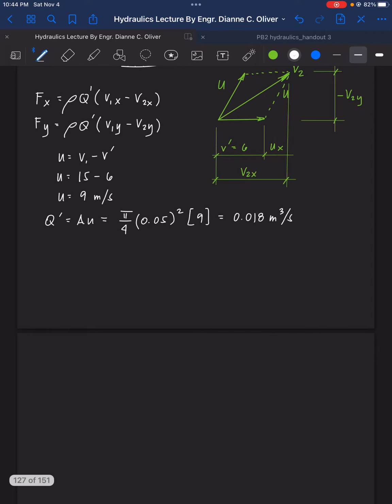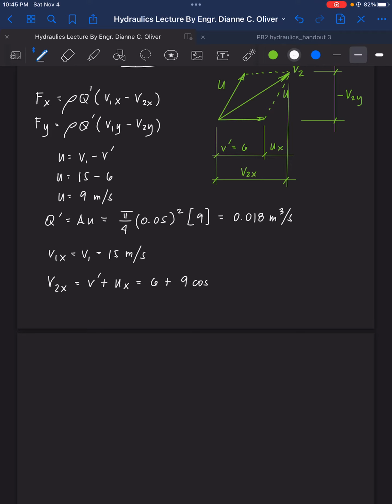So here, our V1x is easily equal to V1, which is 15 meters per second. For V2x, that is equal to V prime plus Ux, and that is equal to V prime being 6 plus Ux, the value of U being 9, cosine theta.